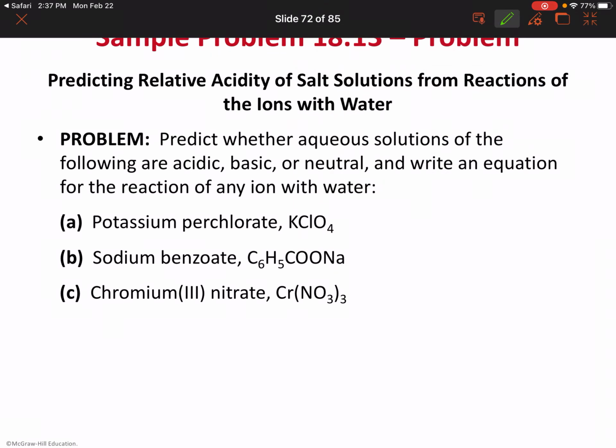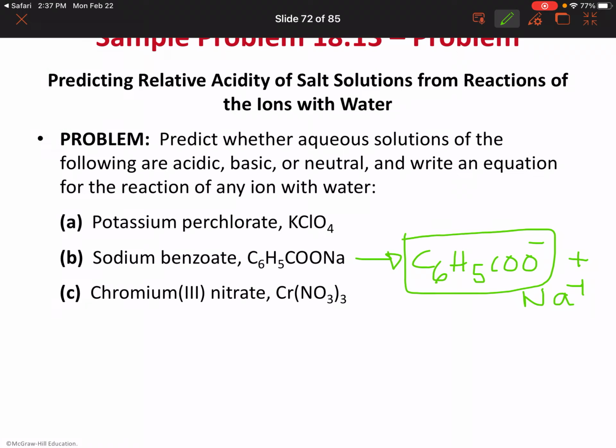And then sodium benzoate. Let's see what happens to sodium benzoate. You put sodium benzoate into water, and it dissociates into C6H5COO-, the benzoate anion, plus sodium ions. Benzoate is an anion of a weak acid, a carboxylic acid, and sodium ion is a cation of a strong base.